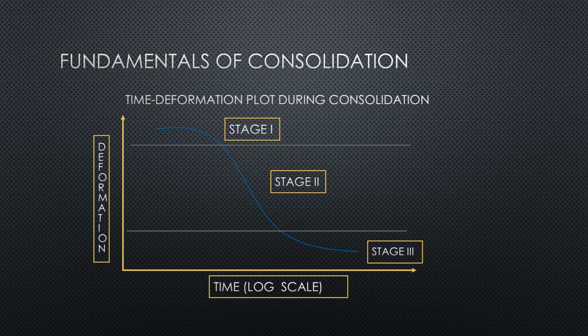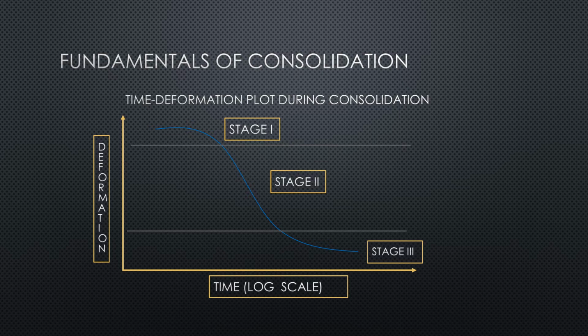In this graph, the vertical part is the deformation, and the horizontal is the time in log scale. As the soil deforms over time, the first is stage 1, then stage 2, followed by stage 3.